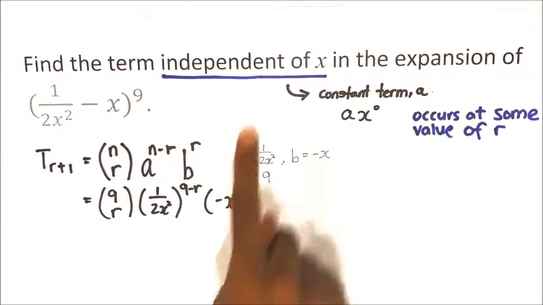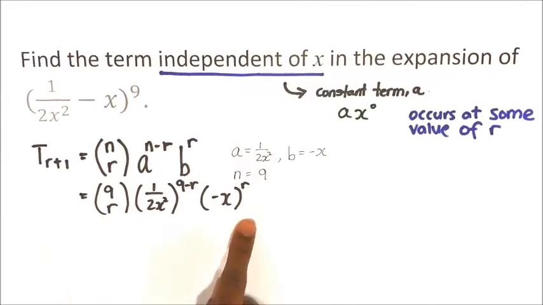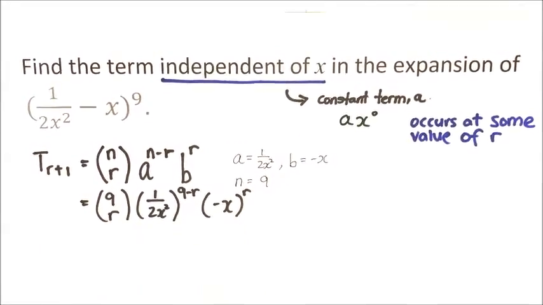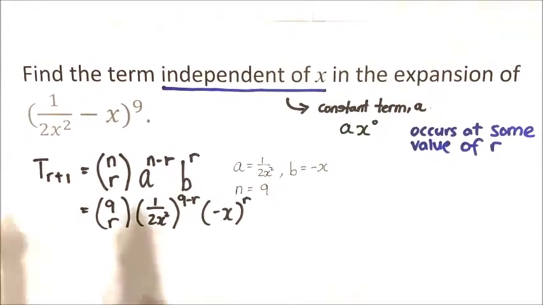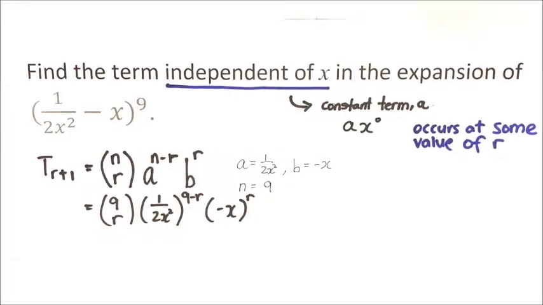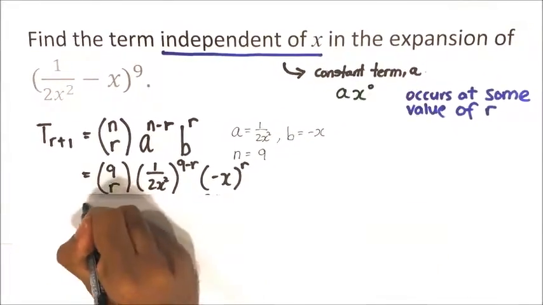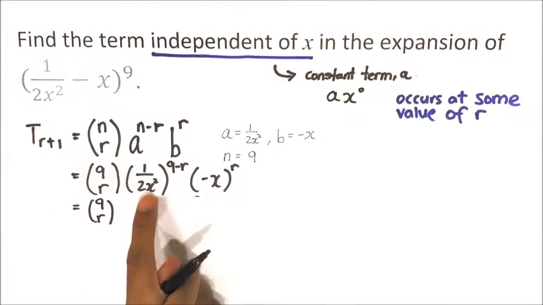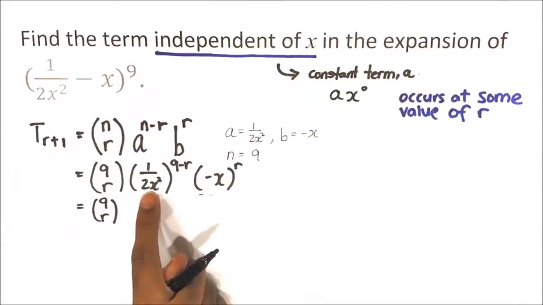Remember, we're interested in finding the term independent of x, but in this expression over here, we have x terms here and here. So let's simplify this expression such that all the x terms can be written into a single x term, and all the terms without an x can be grouped together. When we simplify this, we get 9 choose r. 1 over 2x squared can be rewritten as half times 1 over x squared.